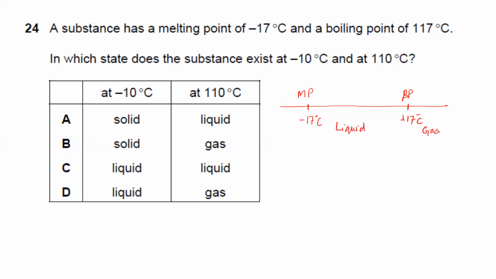Gas as it moves above 117, and it will be solid if less than minus 17. So my temperatures are minus 10 degrees centigrade and 110 degrees C. So it falls in the liquid range. So both cases will be liquid. Liquid here and liquid here. Answer C will be the best choice.